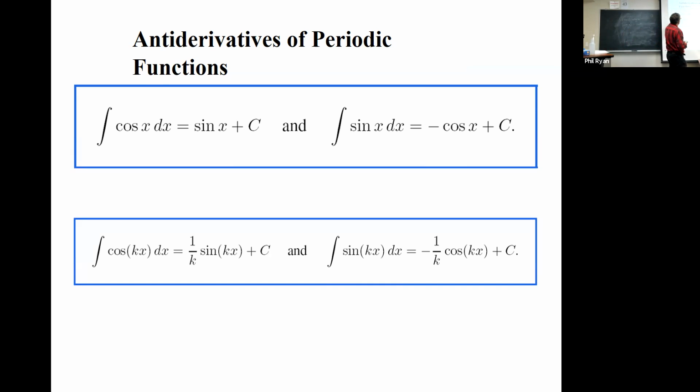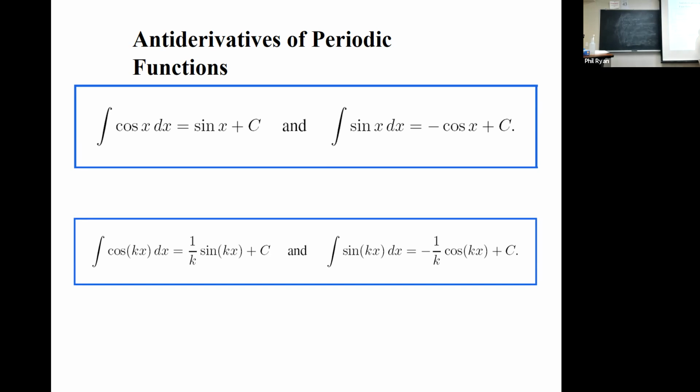So the antiderivative of cosine is sine. The antiderivative of sine is minus cosine. So people always screw up the signs, the plus or minus. Right? When you take the derivative of cos, you get minus sine. When you take the antiderivative of cos, you get plus sine.